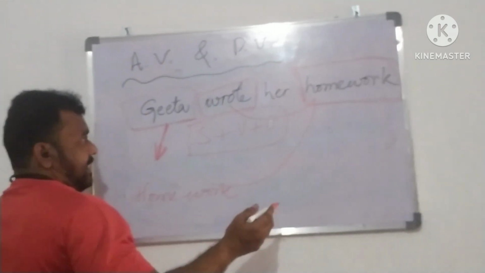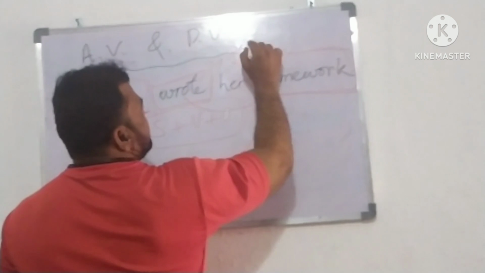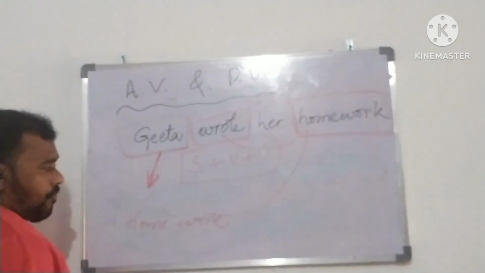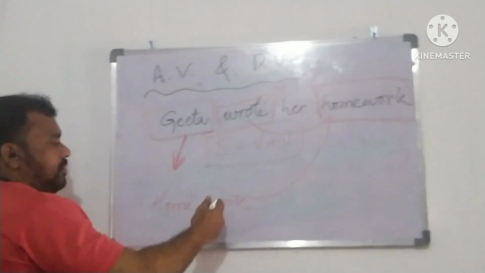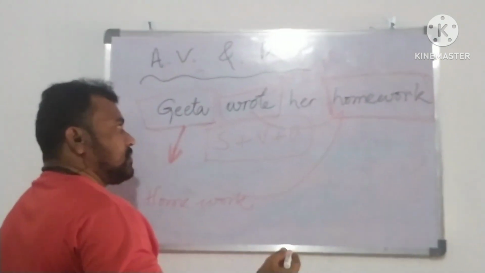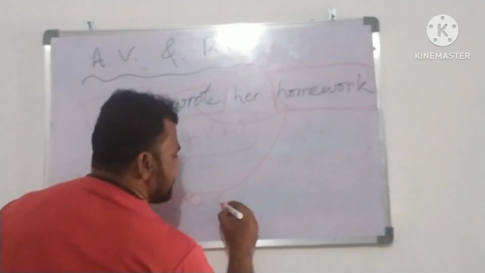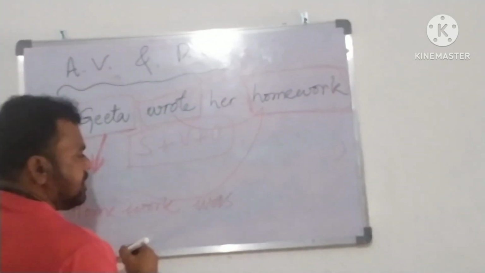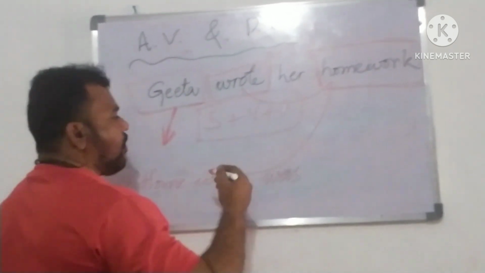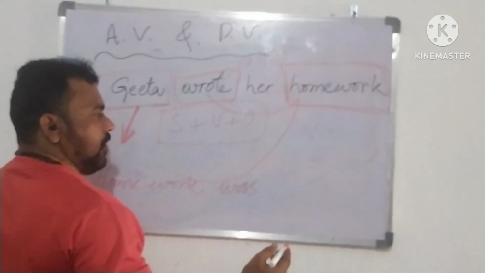So we can see that wrote is a past tense, a simple past tense. So with homework here, we are supposed to use the be form. What is the be form for past tense? Homework was. Was here is the be form. It has to be used. Homework was. After that, there is a structure we have to follow.